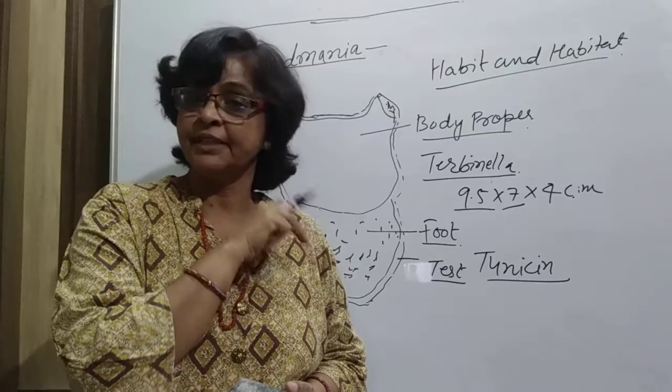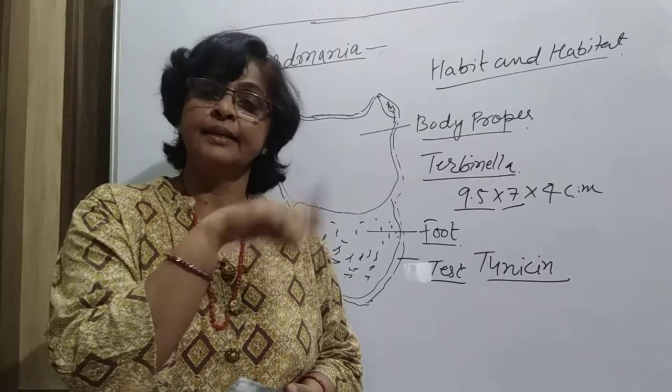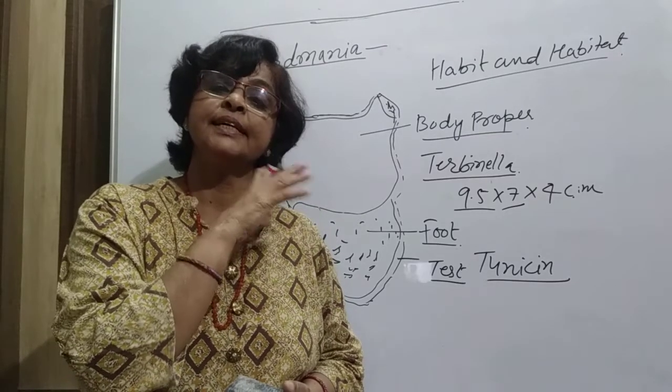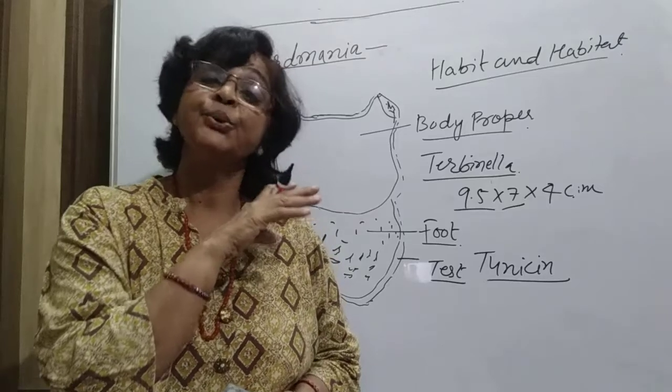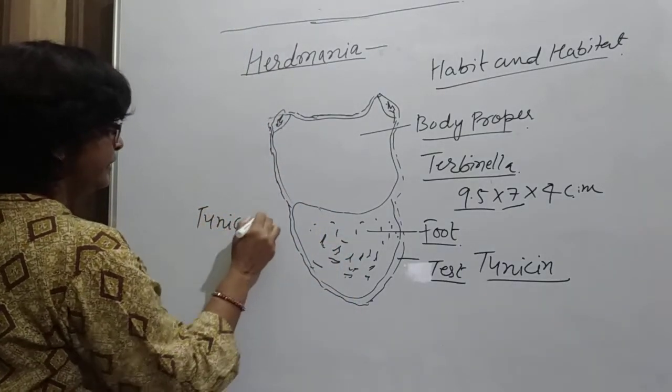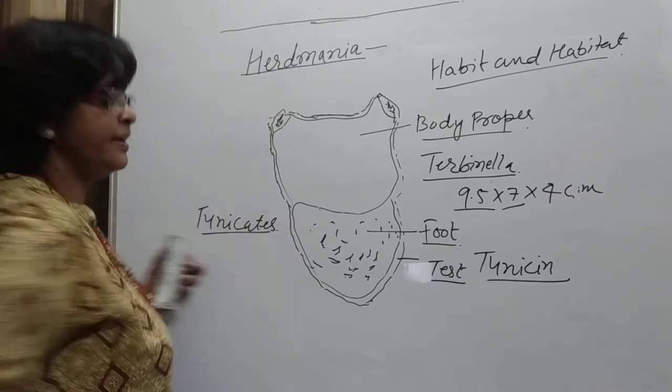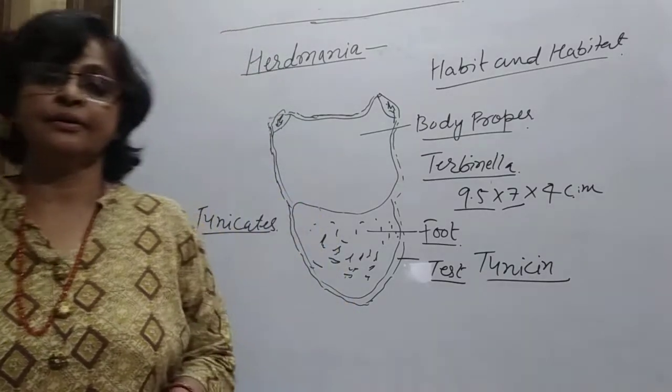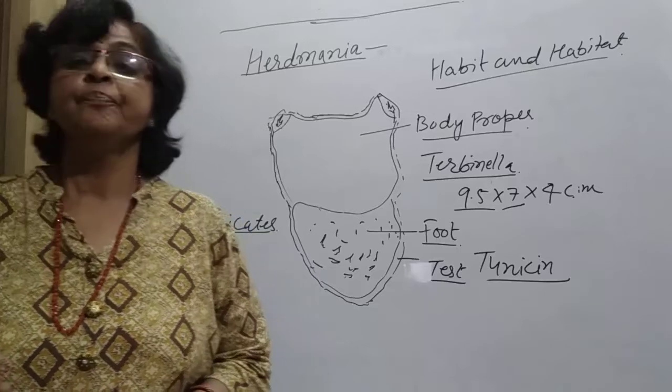Because of the presence of tunicin, these ascidians are also known as tunicates.